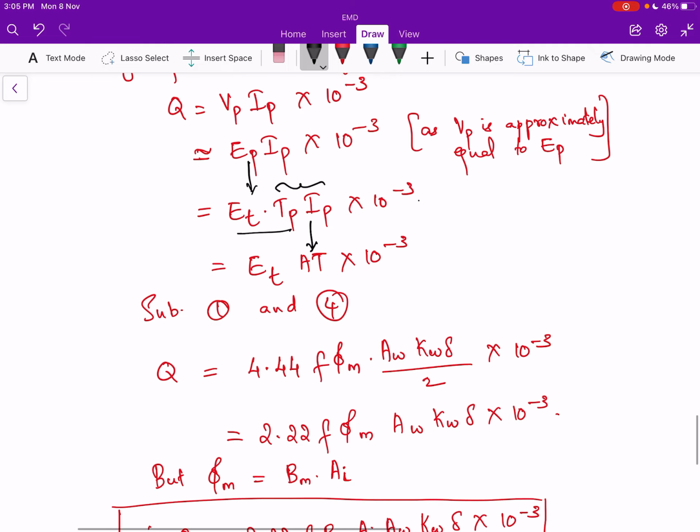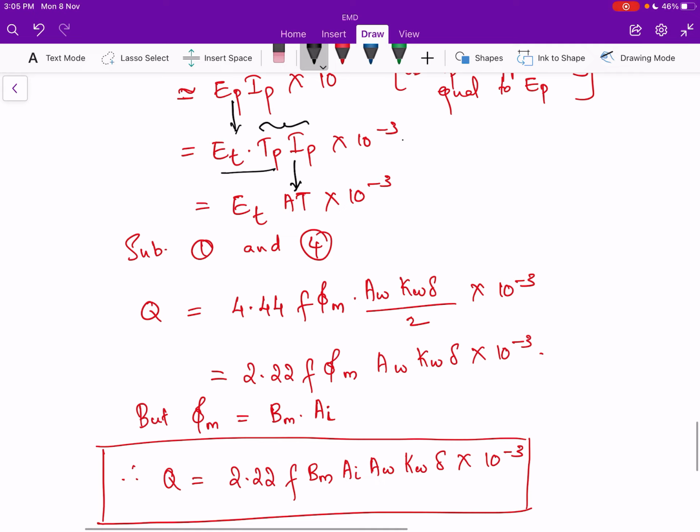Now we can cancel this 2 and 4.44, so we'll get 2.22. So the expression for Q will be equal to 2.22 F phi m AW KW delta into 10 raised to minus 3. But we know that flux is equal to flux density into net iron area or net core area. So we can write phi m is equal to Bm into Ai.